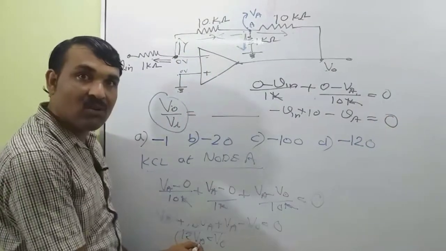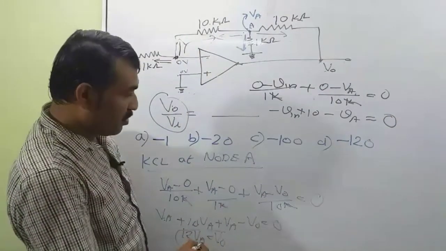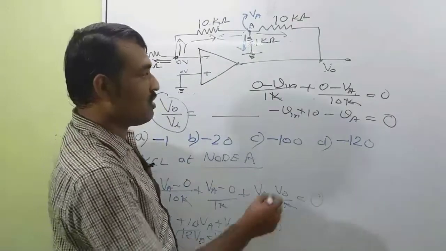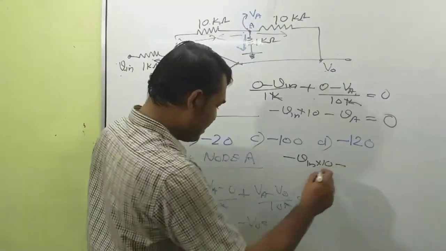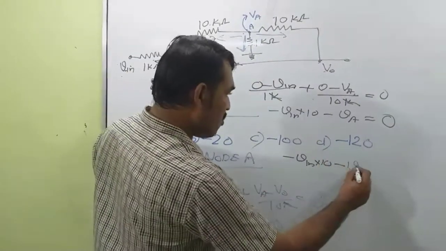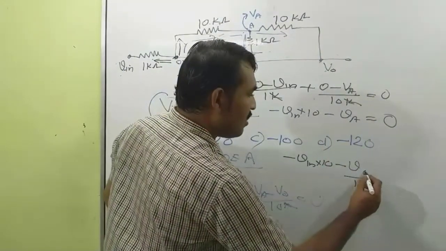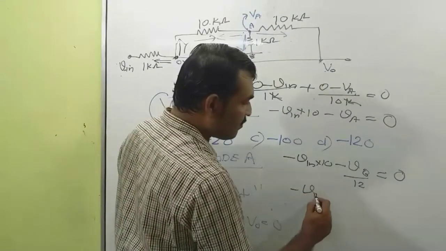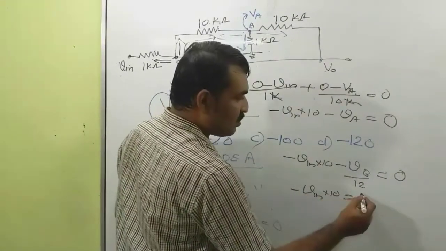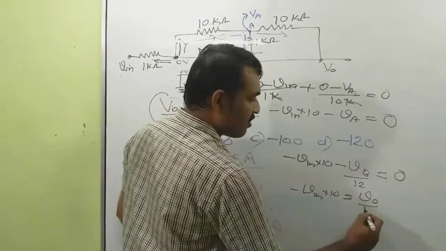12 VA is equal to V0. So we can put VA is equal to V0 by 12. So minus Vin into 10 minus V0 divided by 12 is equal to 0. Or we can write minus V input into 10 is equal to V0 by 12.